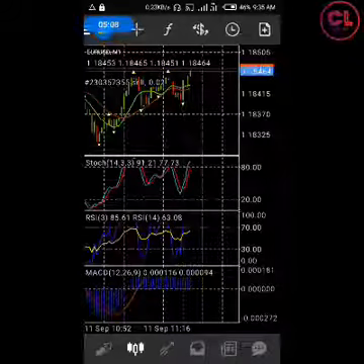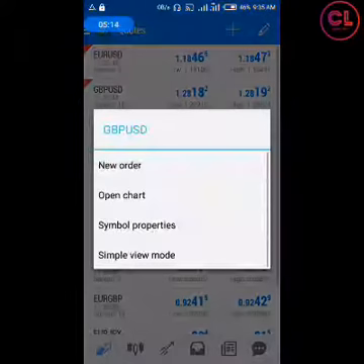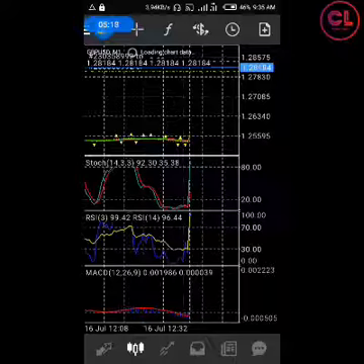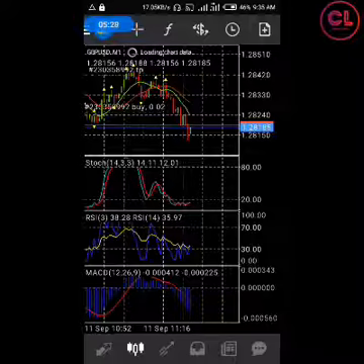So if you want to check the chart of whatever currency you want to trade in, you click on the currency, then open charts, then you choose the time frame you want to use and make your decision on which trade to enter, whether it's buy or sell.